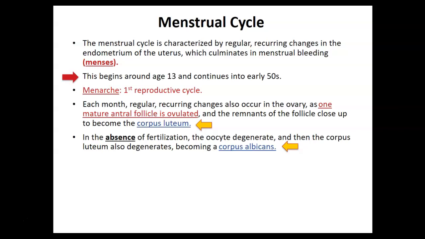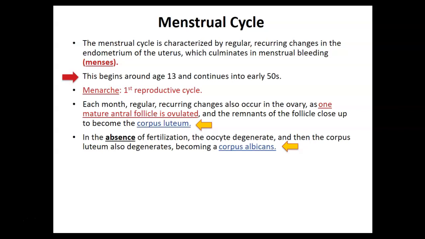It used to be closer to 14 or 15, but over the past 200 years, the number has gone younger and younger. And a woman will continue to have these menstrual cycles into her early 50s. 52, 53 is about the average for a woman to undergo menopause, which is the cessation of the traditional menstrual cycle and no more menstrual periods.